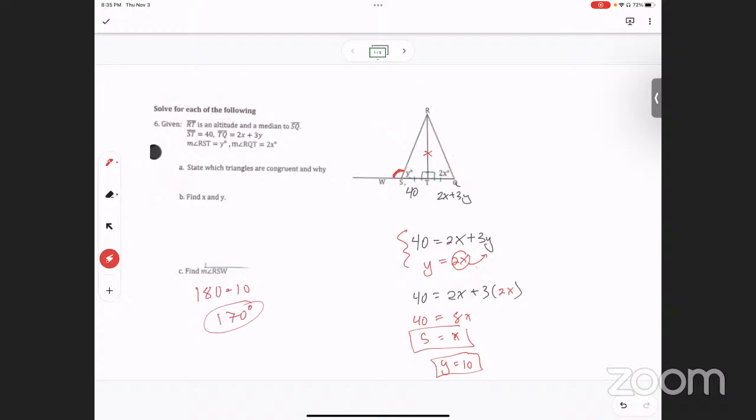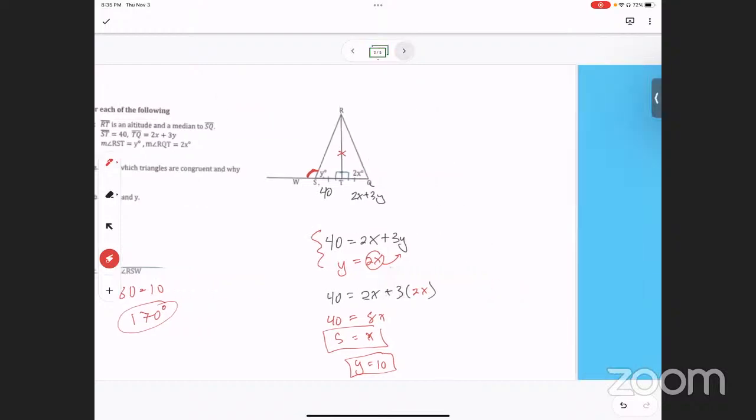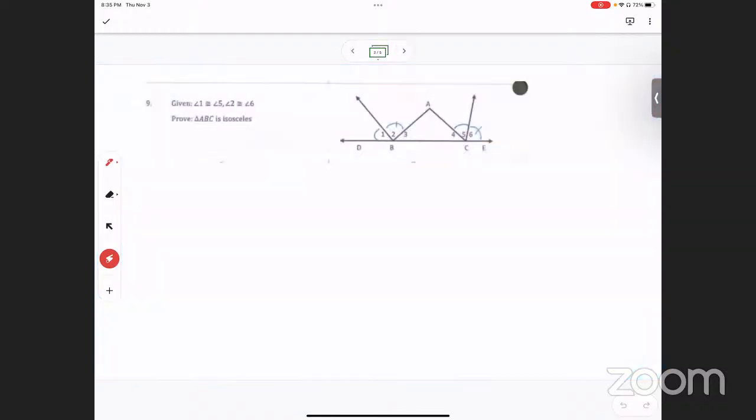Any questions about that? No. All right. Given those, prove that ABC is isosceles. Okay, so do they want you to do a two-column proof, like statements and reasons? Yeah. Okay, so the first thing you're going to do is use addition to say that that angle is equal to this angle.